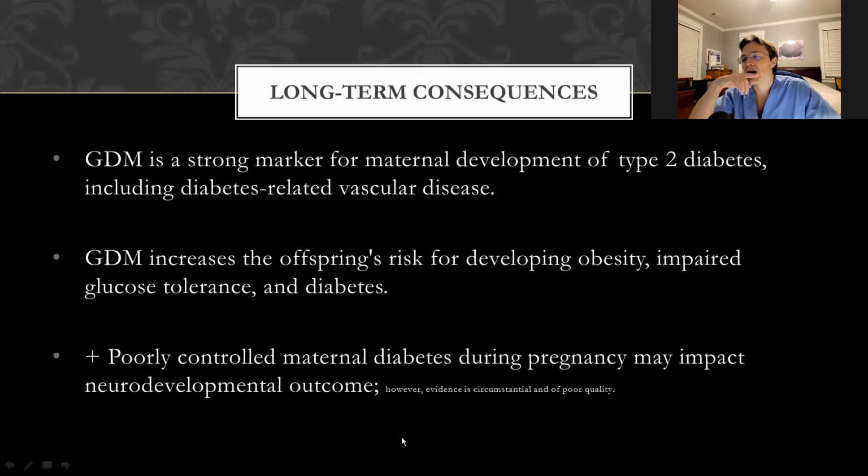They do say that, however, evidence is circumstantial and of poor quality. And I did put it in fine print because even though this is circumstantial, you don't want to risk the well-being of a developing baby. Because let's think critically and logically.